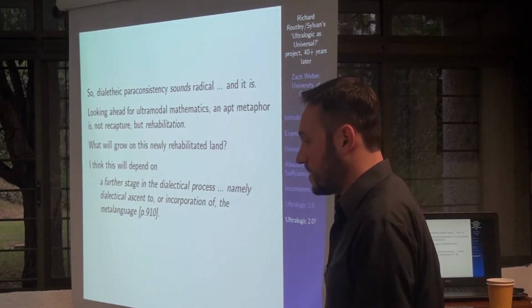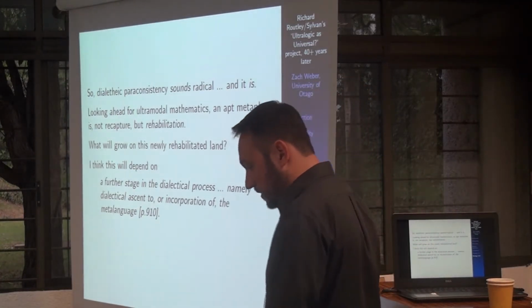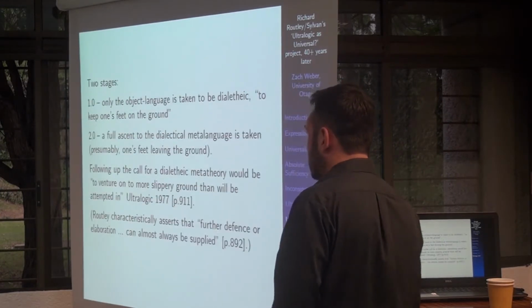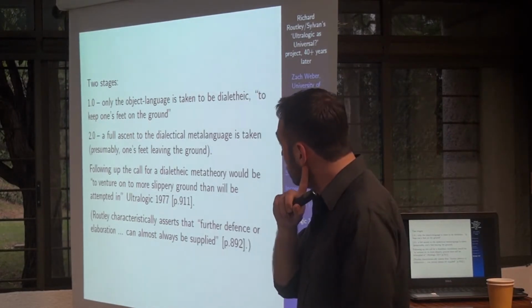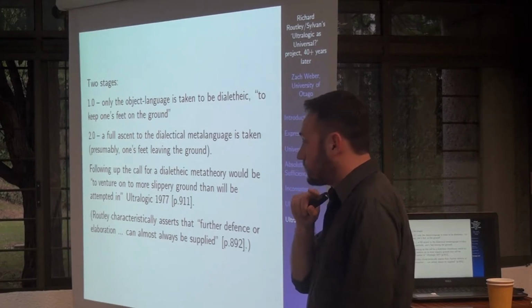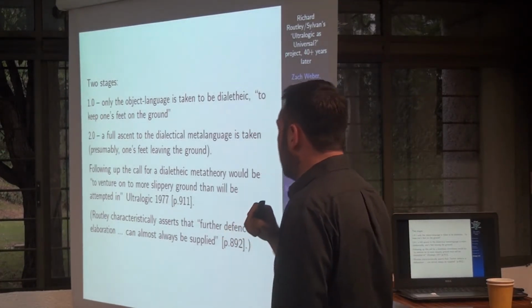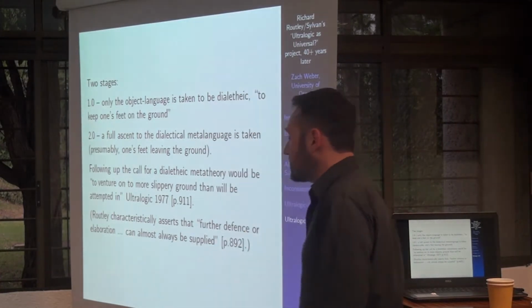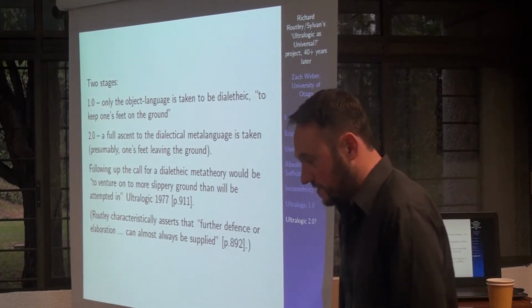But the progress to be made is to go the other way and start from the outside with a fully paraconsistent ultramodal language and see what one gets. So there were two stages to this program. The first one, only the object language is taken to be dialethic. As Routley says, it's to keep one's feet on the ground. And that's reasonable. Ultralogic 2.0 will involve a full assent to a dialethic metalanguage, which presumes, I guess, your feet must leave the ground.